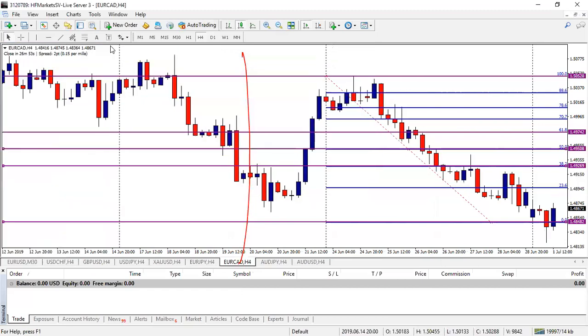Okay, good. So this candlestick has about 26 minutes to go. Whatever we're doing, we're just going to assume that the candlestick has closed. But we're not going to take any trade here because we're on 0.0.